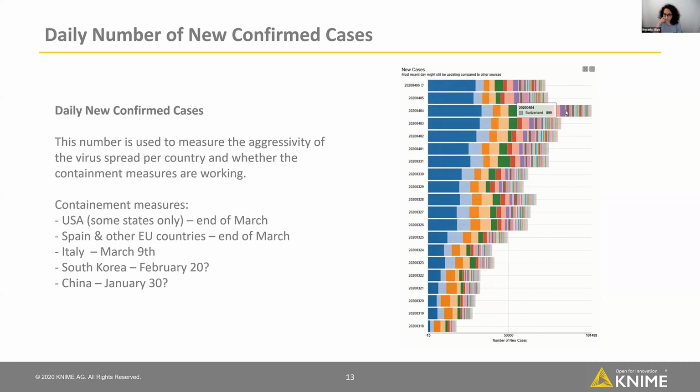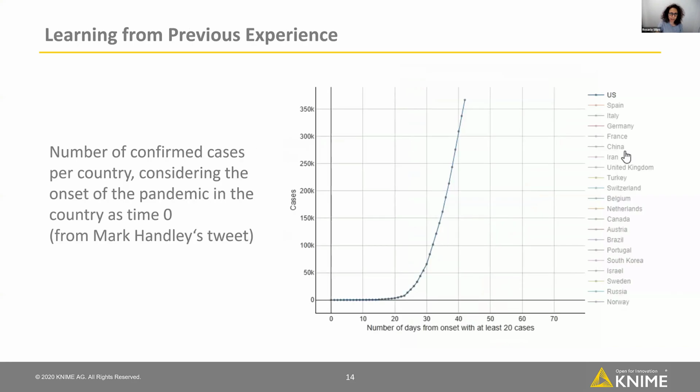Notice that in this bar chart, which is sorted by the countries with the highest daily number of confirmed cases, you don't see China and South Korea. That's because, due to the containment measures they've taken, they now have a much smaller daily number of new confirmed cases.